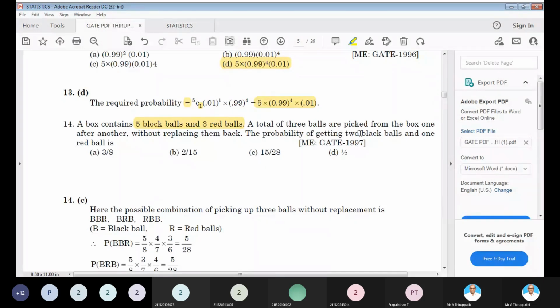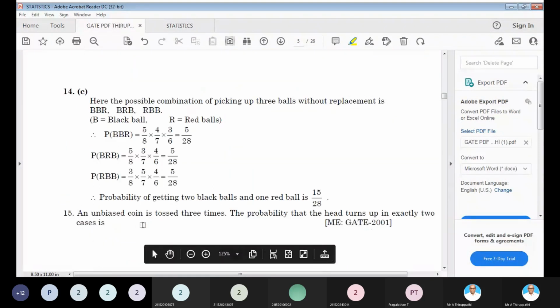So 5 into 4 into 3 divided by 8 into 7 into 6. Now simplification: 4 and 8 cancel 2 times, 3 cancels, 3 twos are 6. 5 by 2 into 2 is 4, 4 into 7 is 28. So 5 by 28 is the answer.